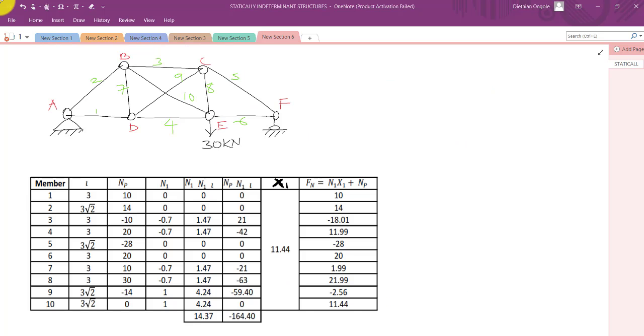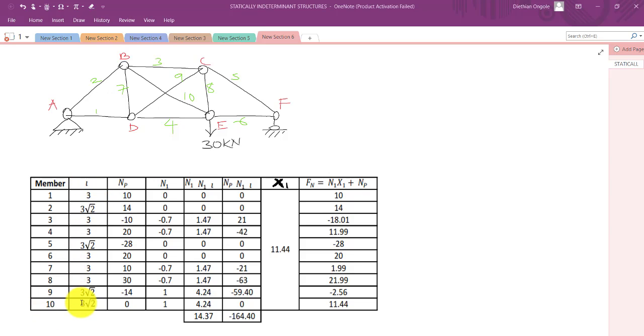Now for the sake of easily manipulating the final internal forces of reaction, we can tabulate the results into a table like this. We've labeled all the members, and in total we have 10 of them.